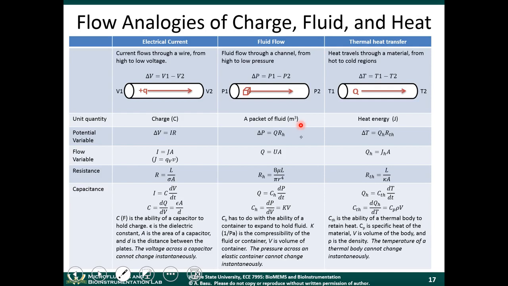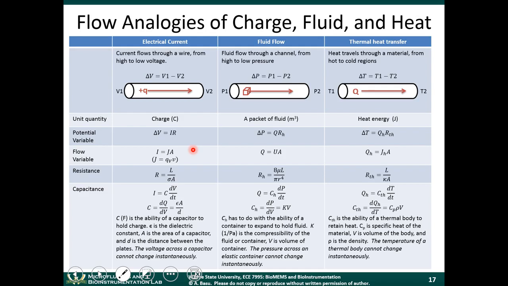Now the flow variable represents what is moving. In the electrical domain, that's the current. What are the units for current? Amperes. And what is 1 ampere? What's the definition of 1 amp?